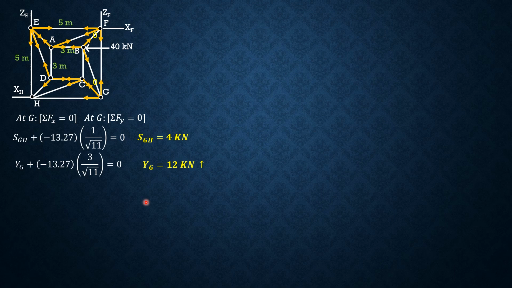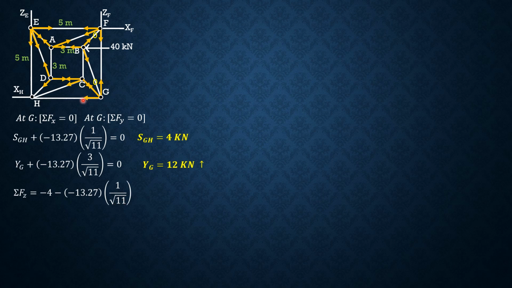Then, because everything is found, let's check if summation forces along Z is 0 at G. Because going forward is positive, SFG is negative 4 or positive 4, but it is in the negative direction, so negative of 4, then minus SCG, which is negative, so minus negative 13.27 times 1 over square root of 11.